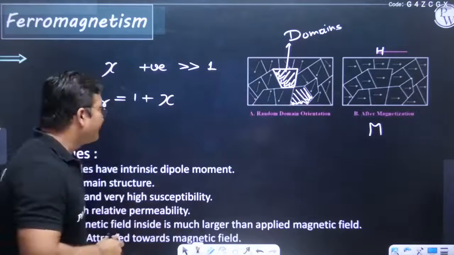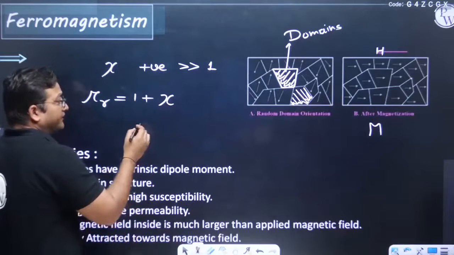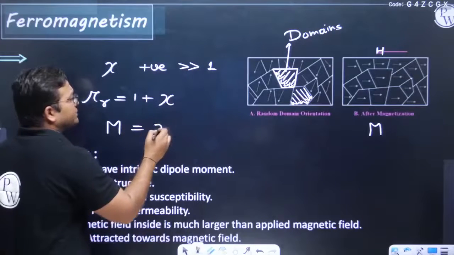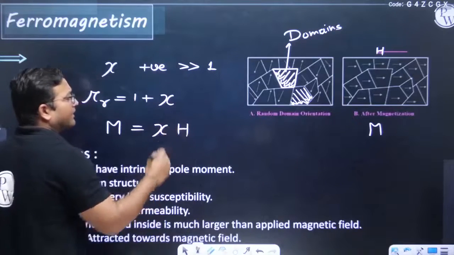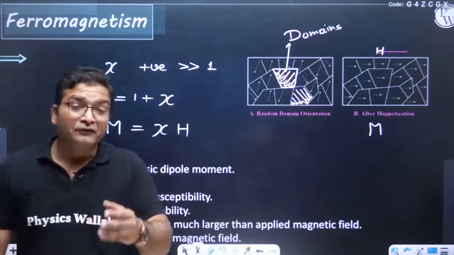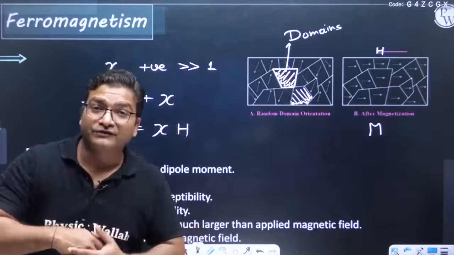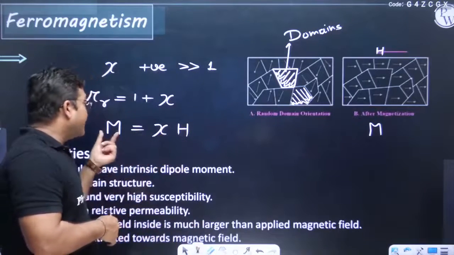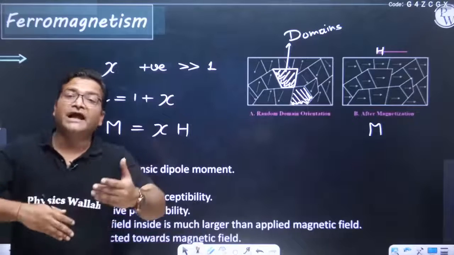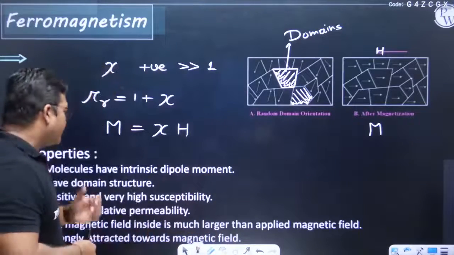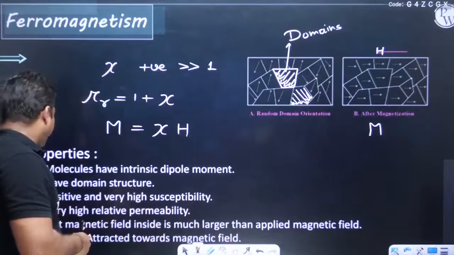Therefore, if we apply some H field here, we get magnetization much larger than H, as chi is very large, and sometimes this chi is of the order of a few thousand, like 3,000, 4,000. So if you apply some magnetic field, we get magnetization more than 1,000 times in that ferromagnetic substance. So this is about ferromagnetism.